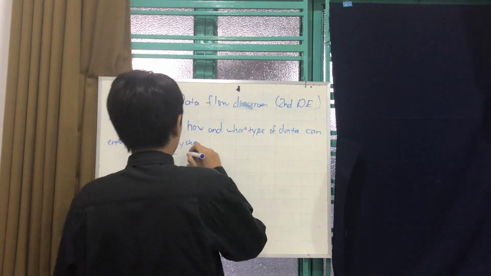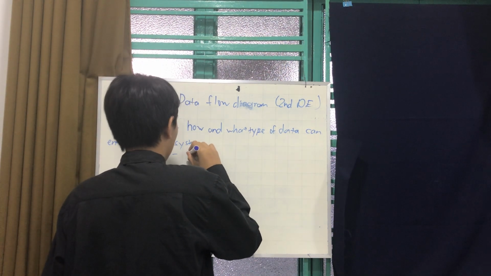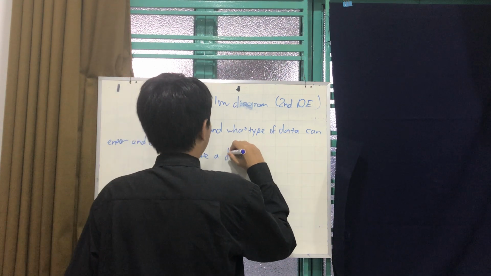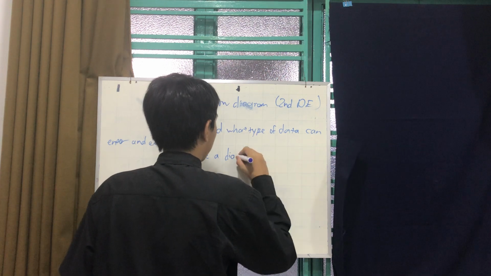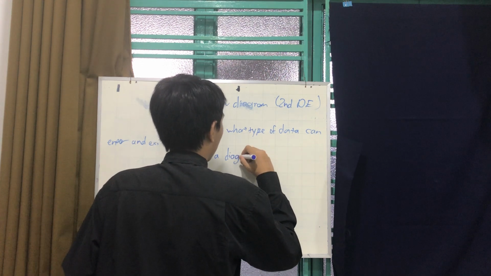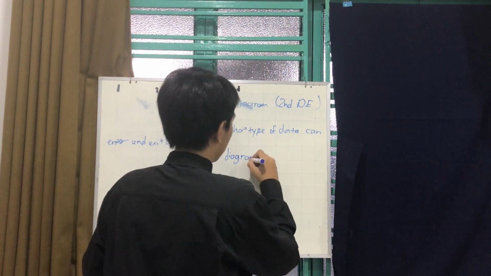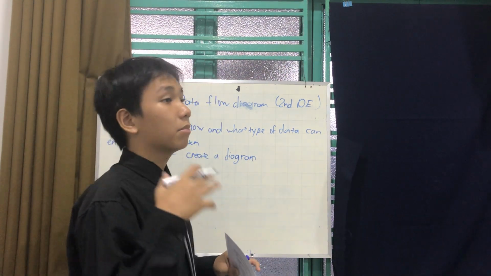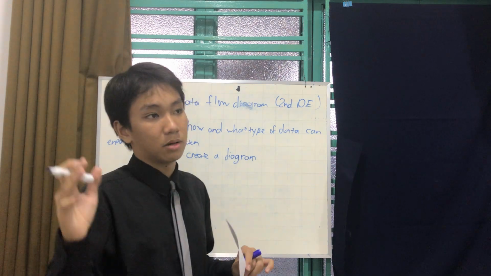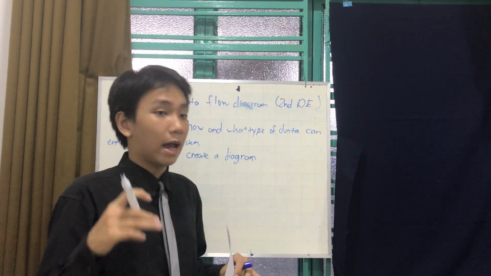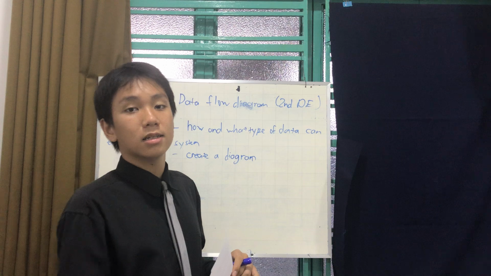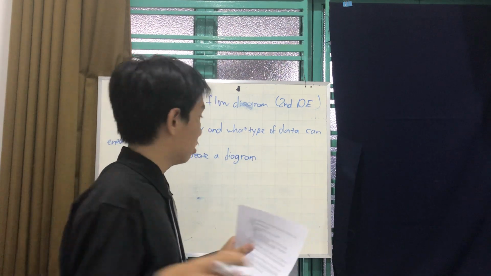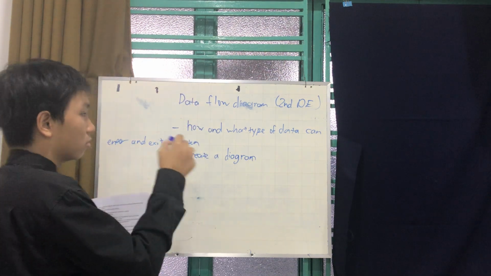And finally, secondly, I'm going to create a diagram. I will create where data can be stored, where data can be processed, where data enter, where data exit, what type of data can enter, what type of data can exit, those arrows. And so this is what I'm going to do for this second edition.